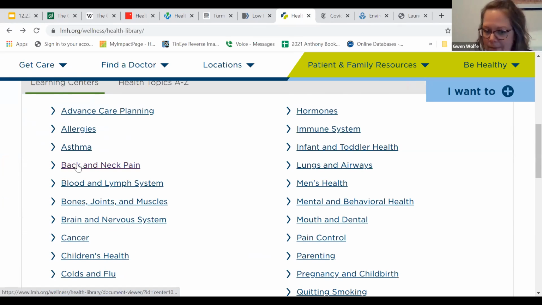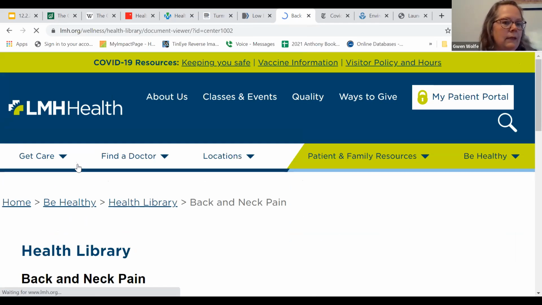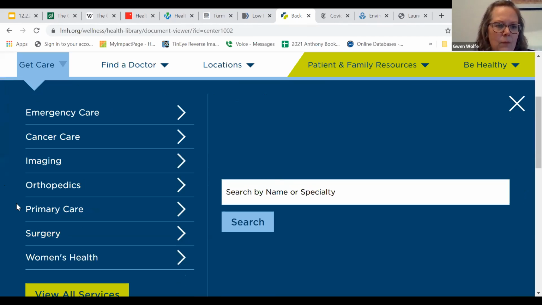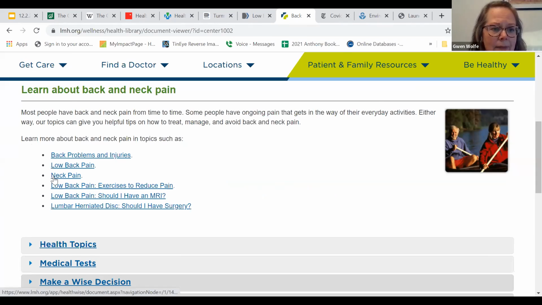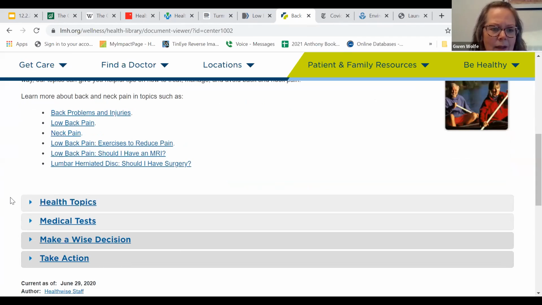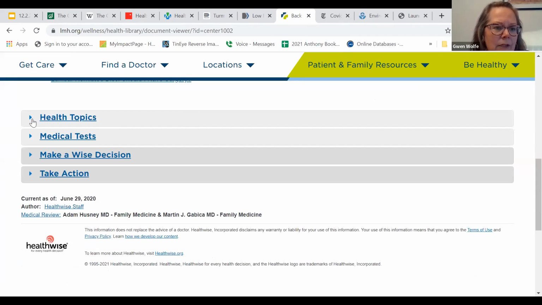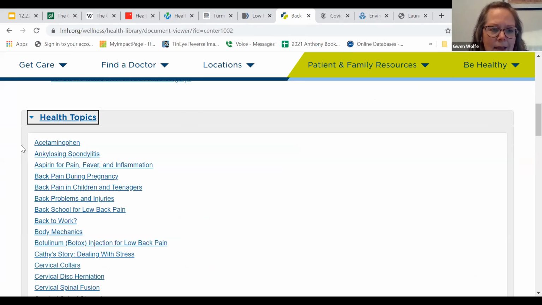So let's explore back pain again. I'm going to click on that link. And it's going to take me to a page where I can learn about specific aspects of back pain, low back pain, neck pain, some questions that I might have. Do I want an MRI or surgery? But if I use these drop downs here, I can look at specific health topics related to back pain.